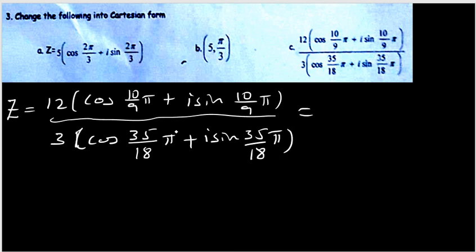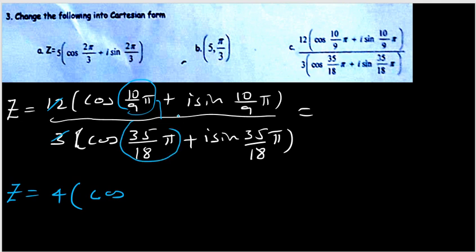What am I going to do here? I will simplify the r. 12 divided by 3 will be 4. Z is equal to 4 times cosine of, I'm going to subtract the angle, the upper angle minus the lower. The same thing I will do for the sine and the cosine. And what will be the result?